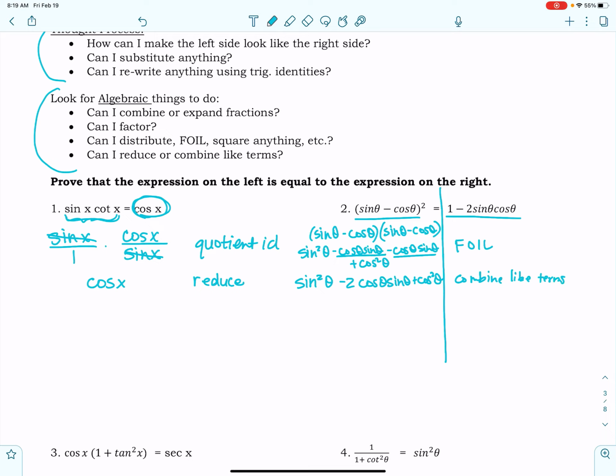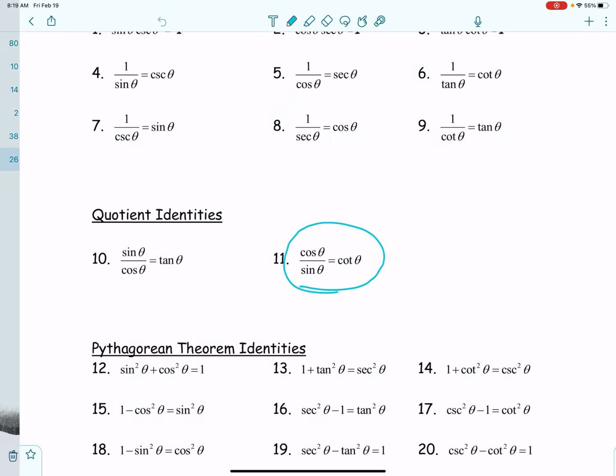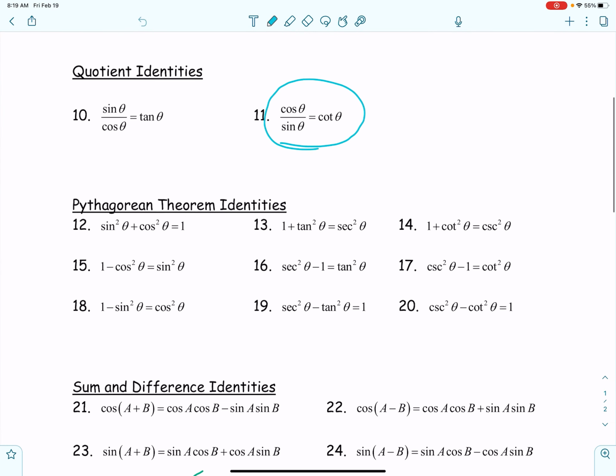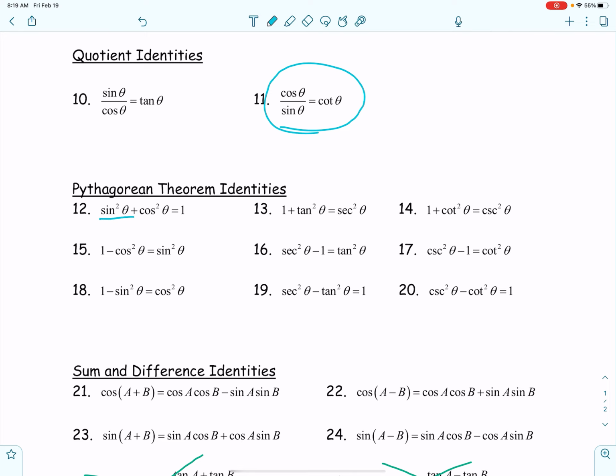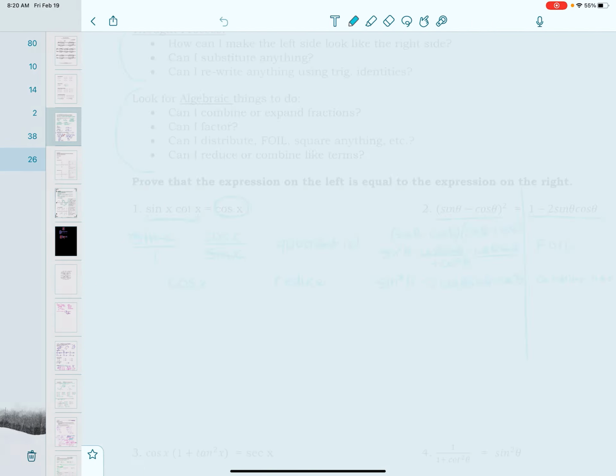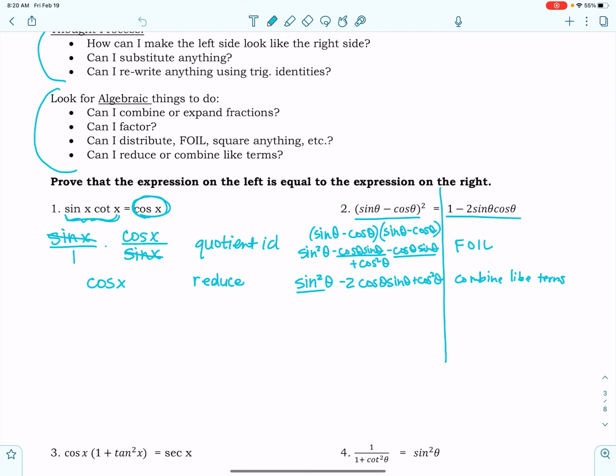Now I'm done with all the algebraic math I can do with this, so I'm going to go to my identity sheet. I remember that when I add sine squared theta and cosine squared theta, I get a 1. So I've got sine squared theta plus cosine squared theta, and I'm going to replace that with a 1.